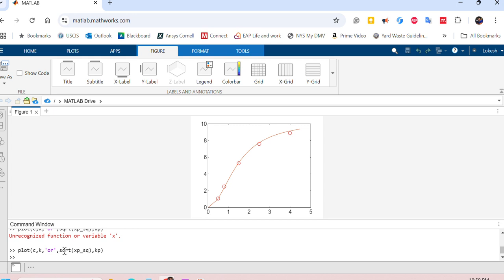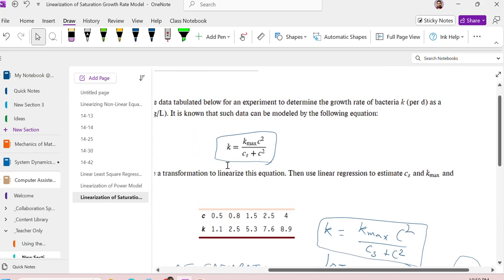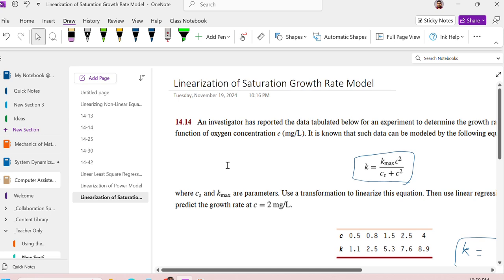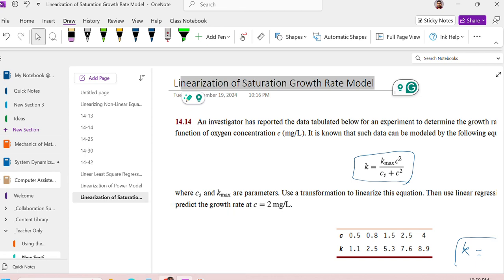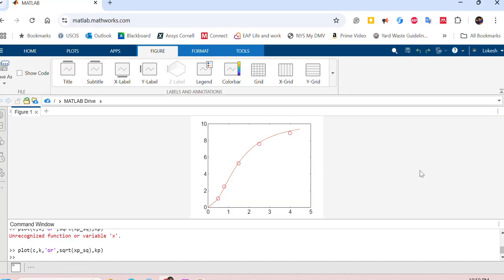So you can apply this to any scenario, basically, wherever you have a function or data that resembles the linearization of the saturation growth model, right?